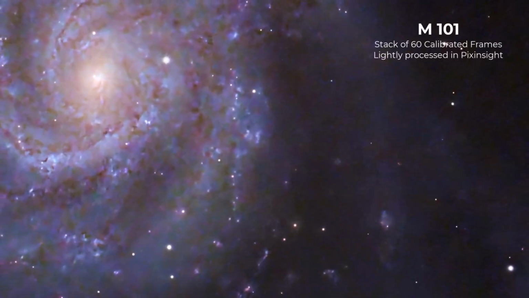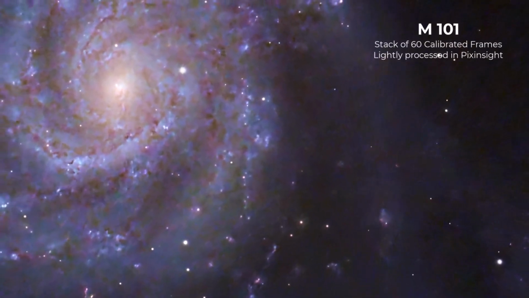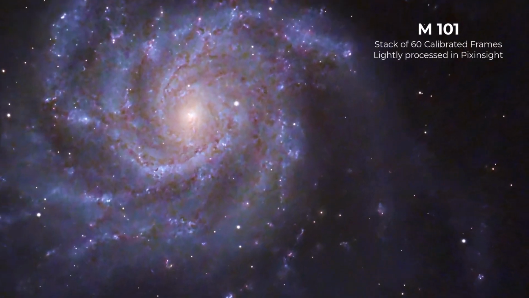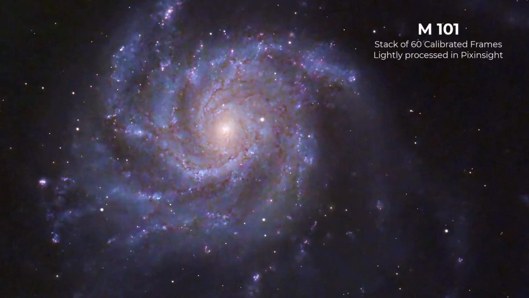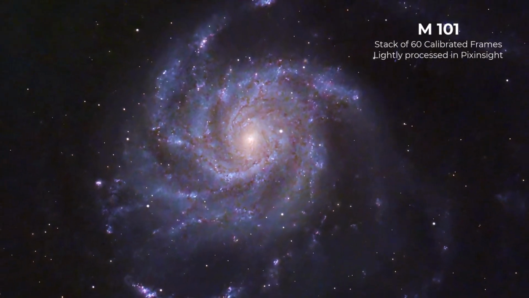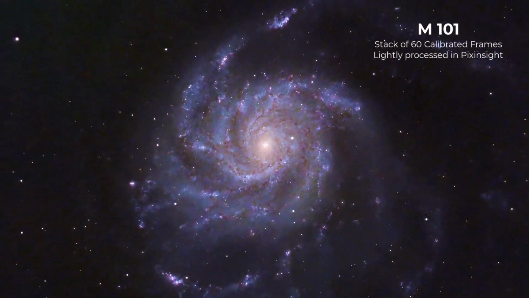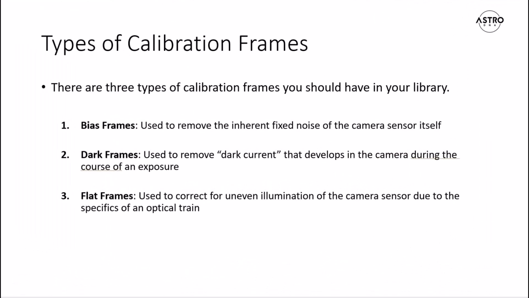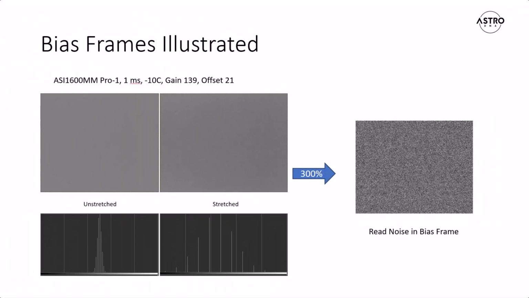Okay, we all want really awesome astrophotographs, and in order to get really awesome astrophotographs, we need good clean stacks. To get good clean stacks of our image data, we need to use calibration frames, and there are 3 types of calibration frames that we're concerned with. First is the bias frame. The bias frame simply represents inherent fixed noise that exists on every sensor and usually makes itself apparent during a read process.